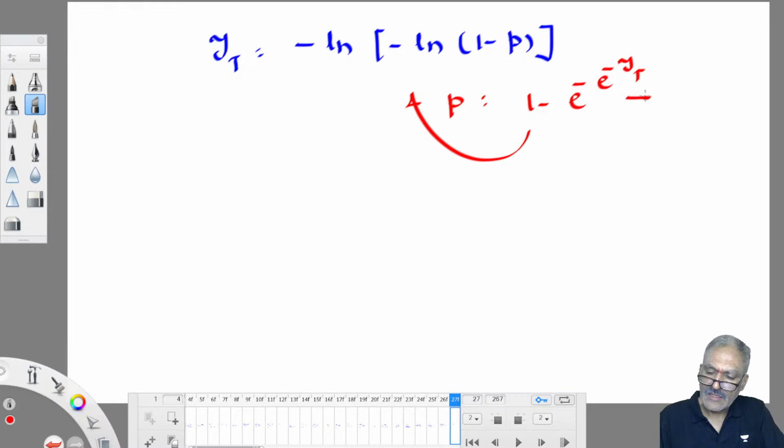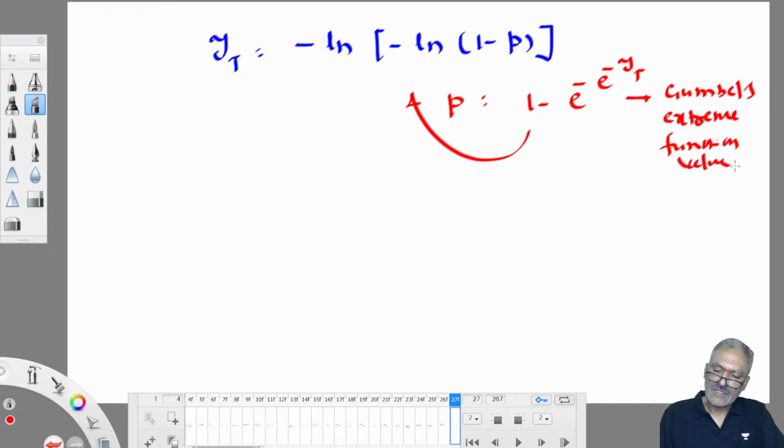This is Gumbel's extreme function value. Gumbel has defined the probability of occurring an extreme event as 1 minus e power minus e power minus YT. If you simplify that, you will get this. So YT is called the reduced variate.